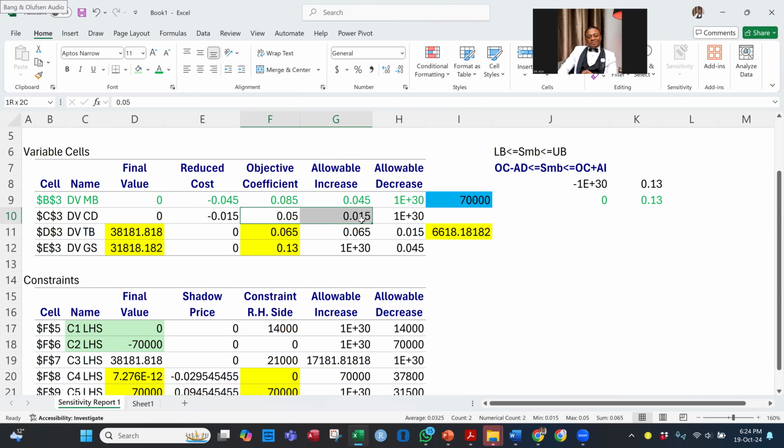That will be the upper bound of the sensitivity range for CD. So in both cases, as long as the interest rate is increased up to the upper bound of the sensitivity range, it makes sense now to invest in them.